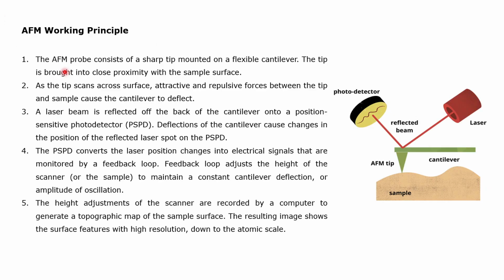So AFM, if you look, this is how atomic force microscopy usually works. Basically the AFM consists of a tip. The tip is made up of whatever material, I'm not sure, but I need to recall that. I think gold plated tips are there, and this is then connected to a stand, and this overall mechanism is called a cantilever.